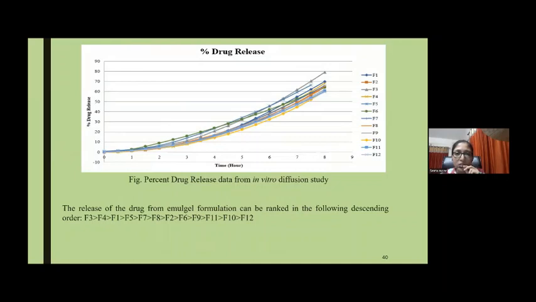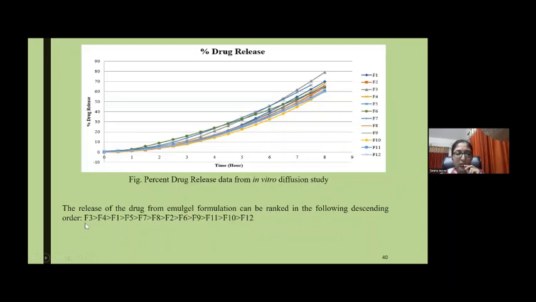Similarly, the percentage drug release was carried out by the Franz diffusion cell apparatus, and the study was carried out for a period of 8 hours. Within a period of 8 hours, nearly 78% of the drug release was found for the F3 formulation, and the percentage drug release decreased with the others. So F3 was showing the highest drug release as compared to F4 and F1, with the least in F12.